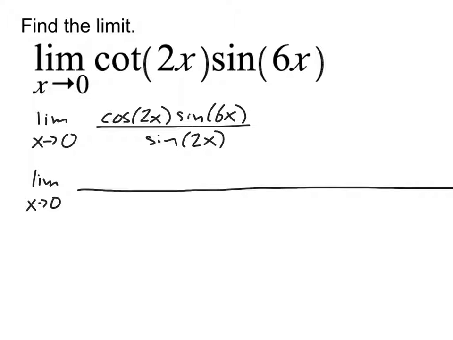Now in this fraction though, we are going to have to do the derivative of cosine of 2x times sine of 6x. What rule do I need to use in order to find the derivative of that function? Product rule, absolutely. Hopefully you're remembering product rule is original times derivative plus derivative times original.